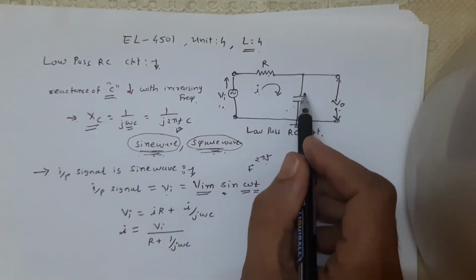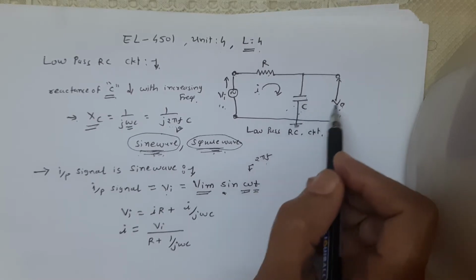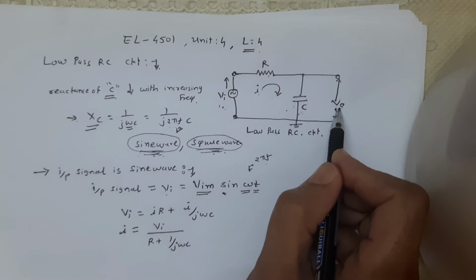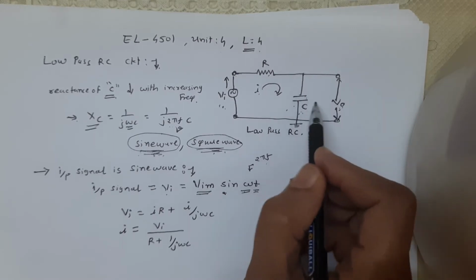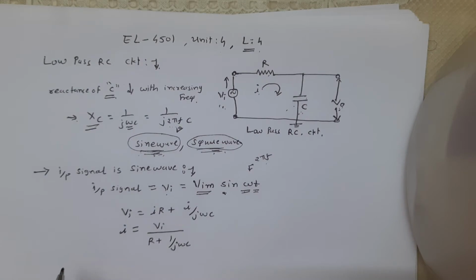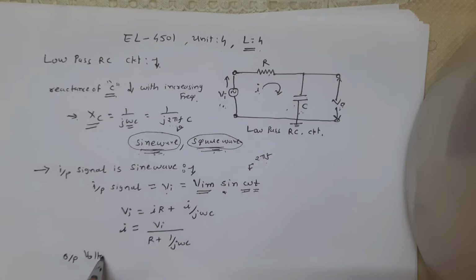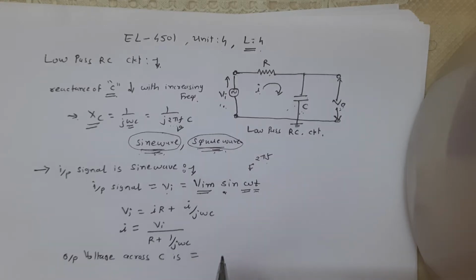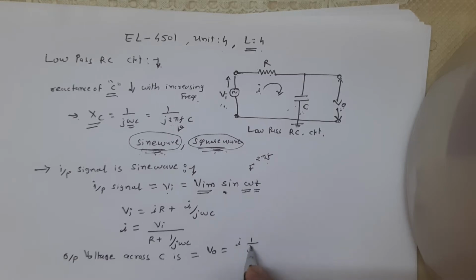If instead of C there is an R, then Vo is equal to IR. But when it is C, then Vo is equal to I into the reactance of C. That means the output voltage across C is Vo equals I times the reactance of the capacitor, that is, 1 upon j omega C. I into 1 upon j omega C. What is I?